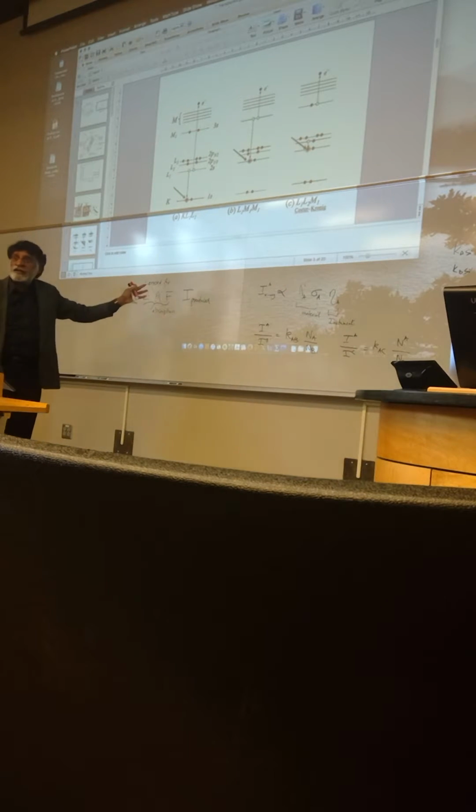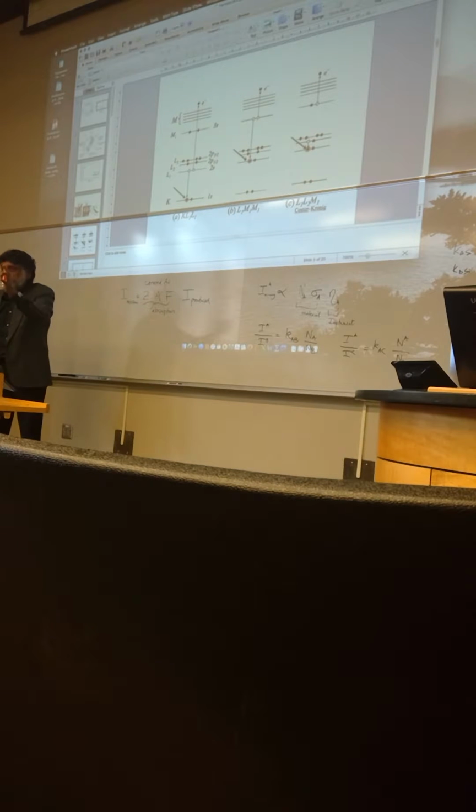But for that to happen, there are selection rules, and the selection rules determine from which level it can fall to a lower level. I also told you that this dropping from a higher level to a lower level takes place as a finite oscillation between the two levels. It starts there, comes down, goes back, and this oscillation has a frequency, which is the energy difference divided by h, Planck's constant.